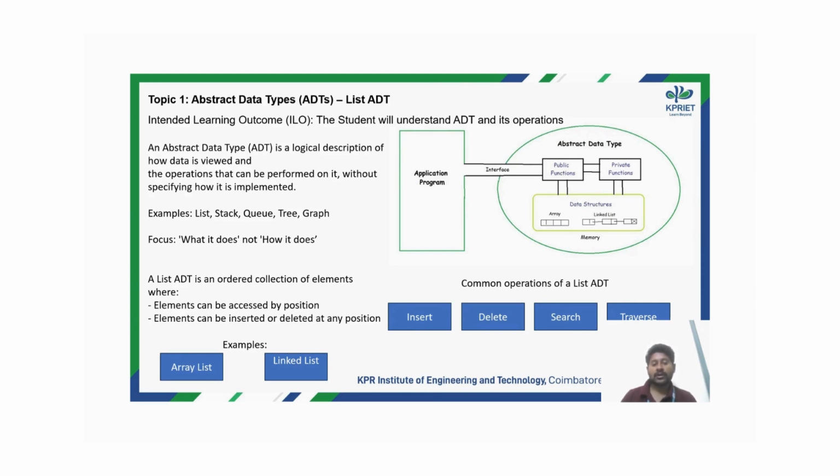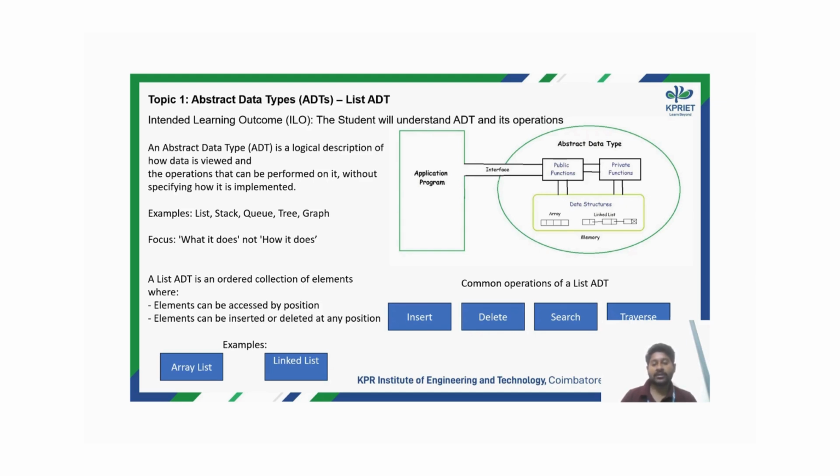So ADT is a logical description of how the data can be viewed and what operations can be performed without specifying how it is implemented. In the sense, how I am going to multiply 5 with another number is not necessary. Whether multiplication is possible or not is the key there.